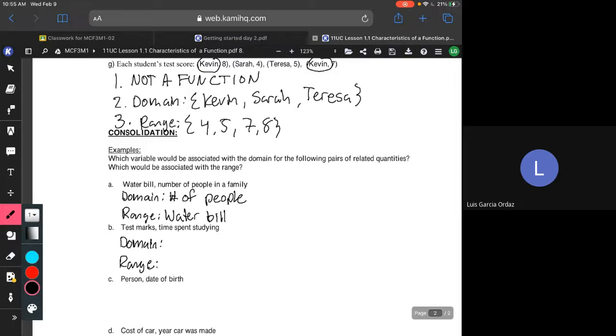Yep, because the price of the water bill depends on how many people are in the family. If you have one person, it's going to be less. If you have more people, it's going to be more.